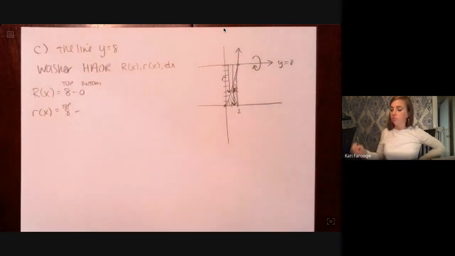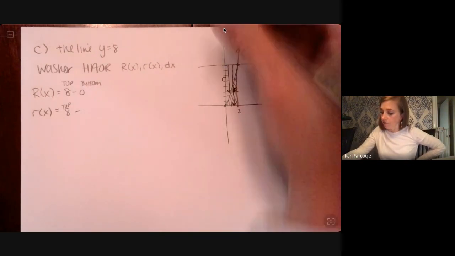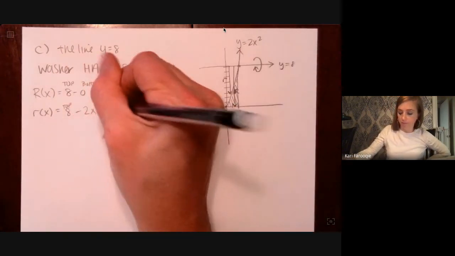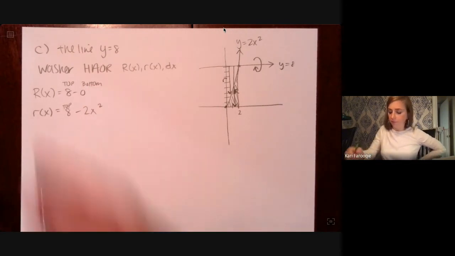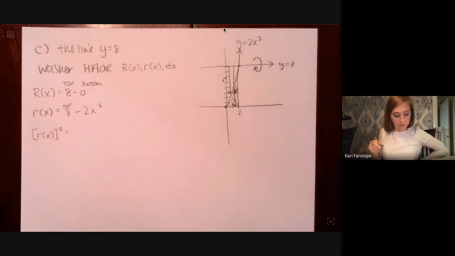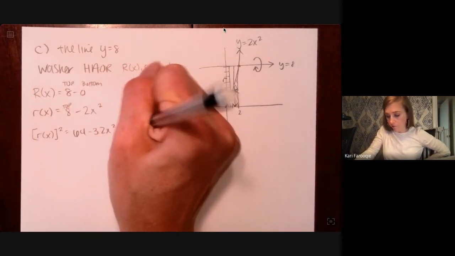That's my top, but this time the bottom function is this parabola 2x squared. Oh gosh, I have to wrap this up. Well, here, I'll just give you r of x quantity squared. 64 minus 32x squared plus 4x to the 4th.